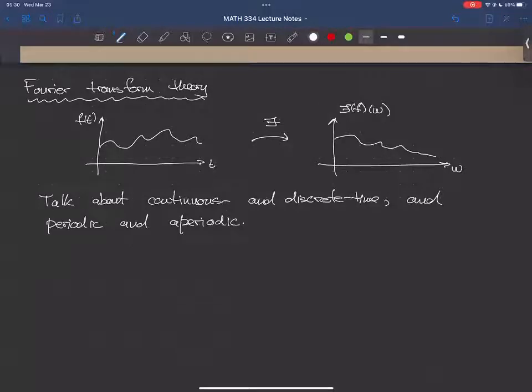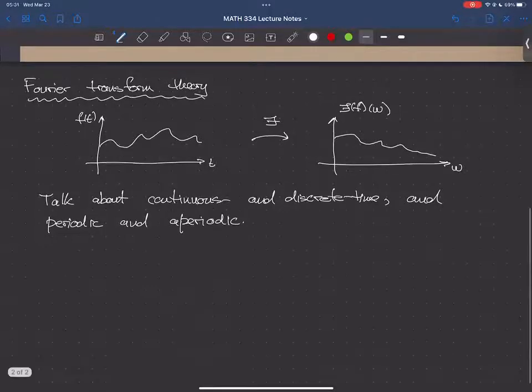To motivate things, the easiest place to start is with periodic continuous time. This discussion is going to be very informal. We'll do real things starting next time, but this is just to get the ball rolling and get some initial ideas under our belt about what we're talking about.